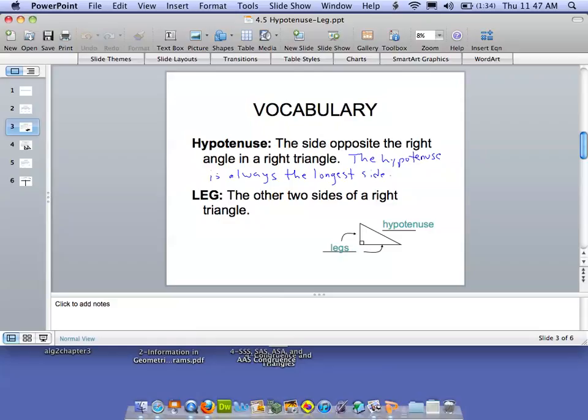We don't call it a leg, it's the longest side, and it's always opposite the 90 degrees. And then every right triangle has 2 legs, and they are the sides that form the right angle.